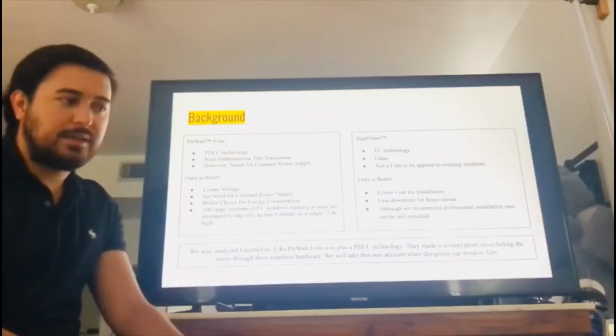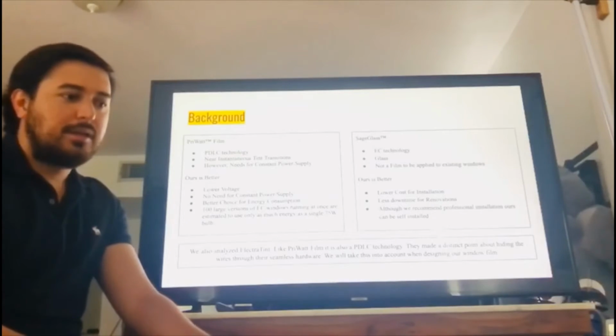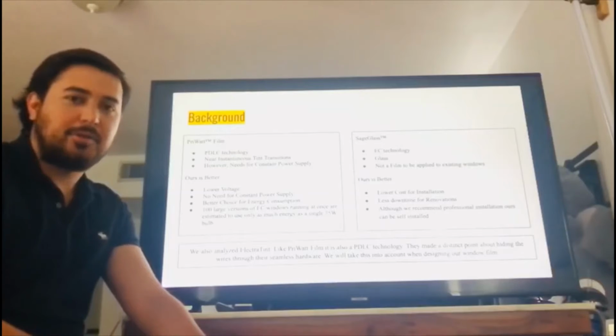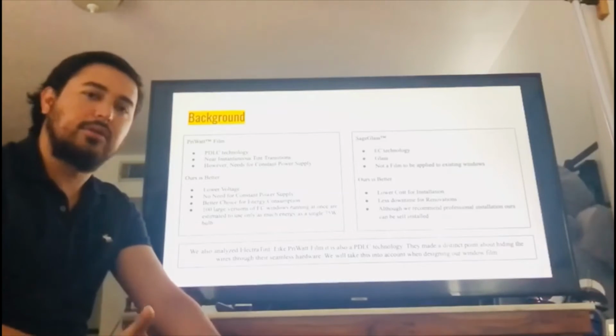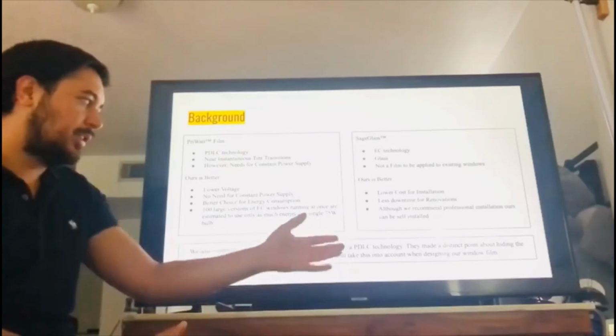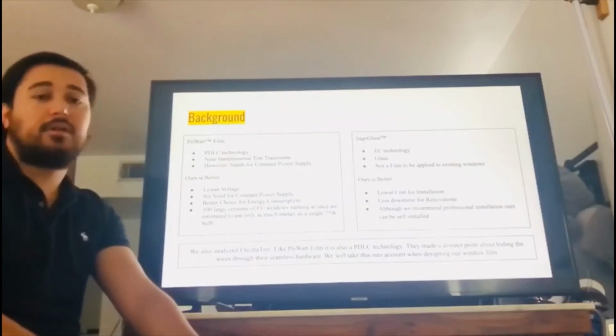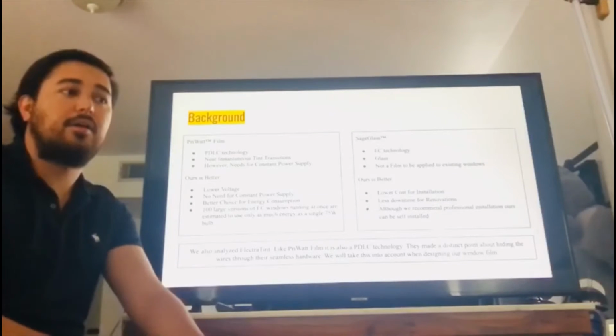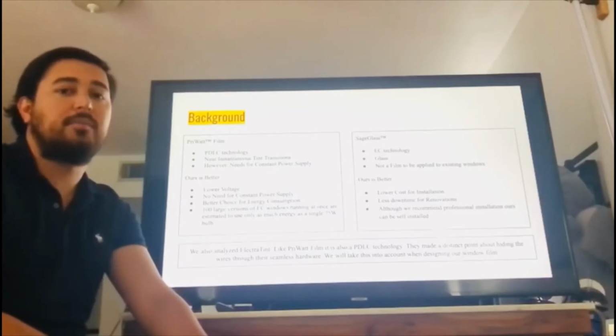I thought that was a great idea because looks attract people and customers, so you want your product to look good. So we will take this into consideration when designing our own window film.